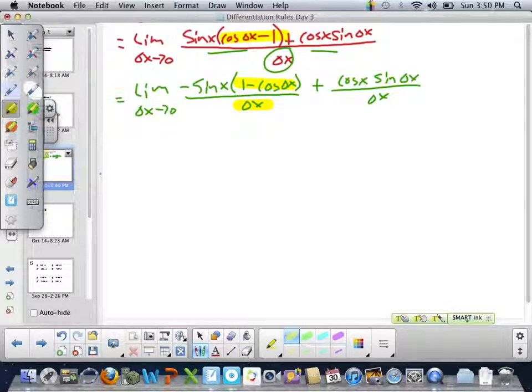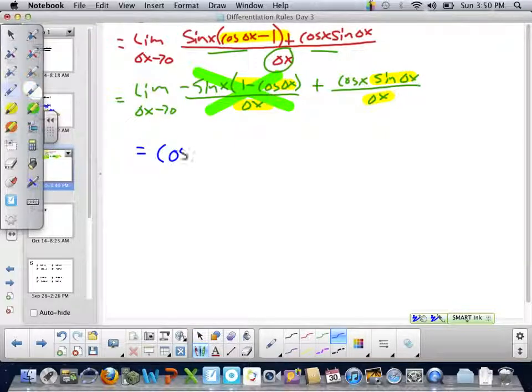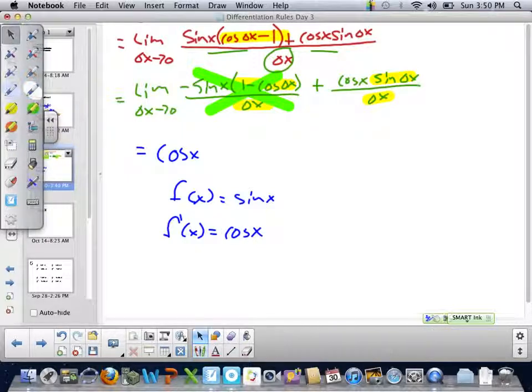So this whole expression is 0. Sine delta x over delta x approaches 1. So as delta x approaches 0, the only thing left is the cosine of x. So when f of x equals the sine of x, f prime of x equals the cosine of x.